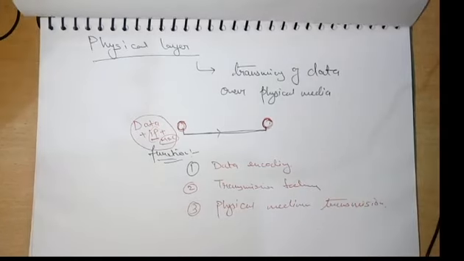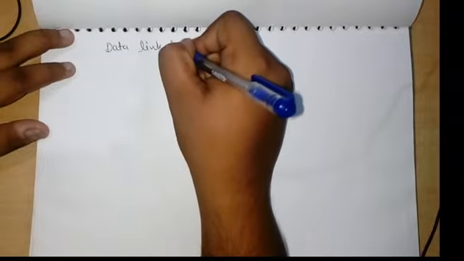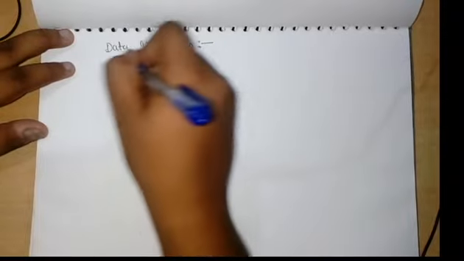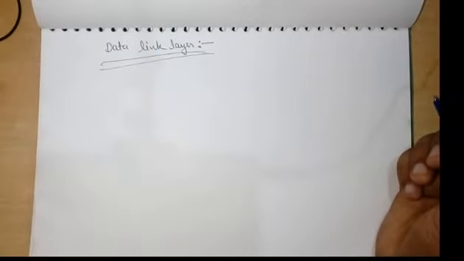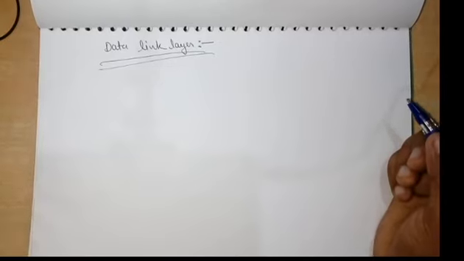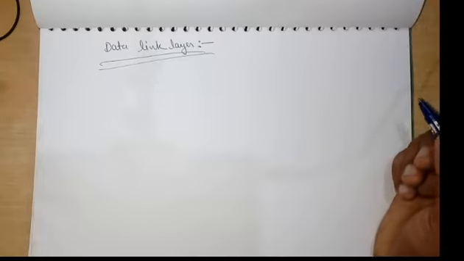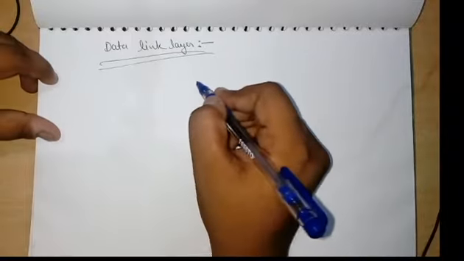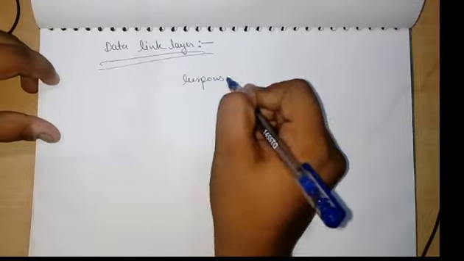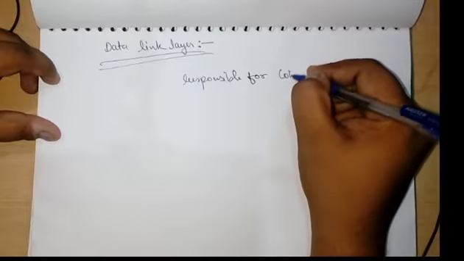Now the next layer, data link layer. Data link layer is responsible for controlling the errors between the existing node and transferring the frame to another computer via physical layer.